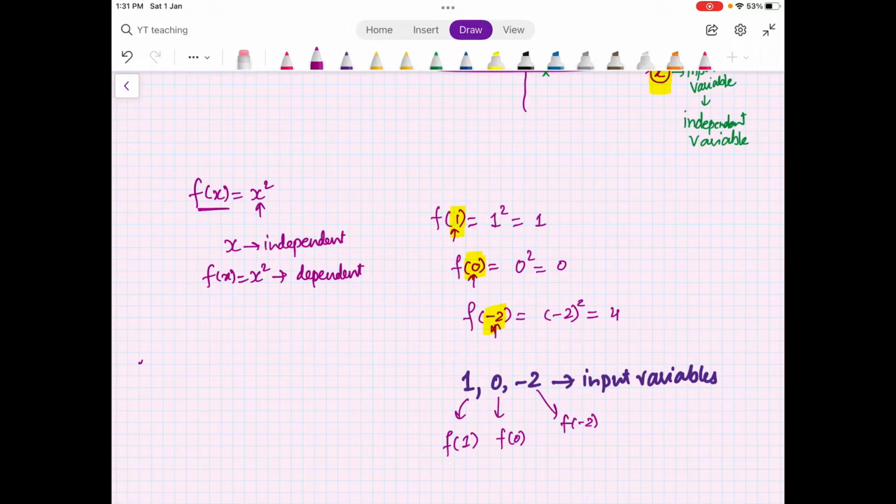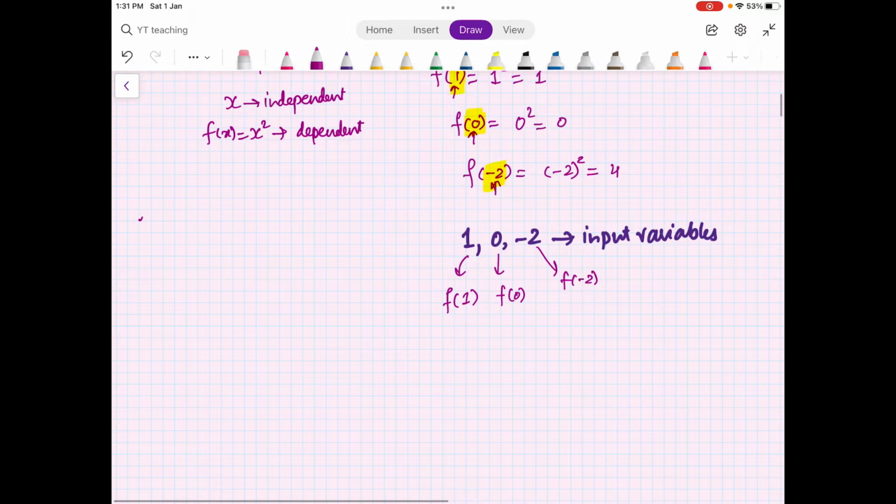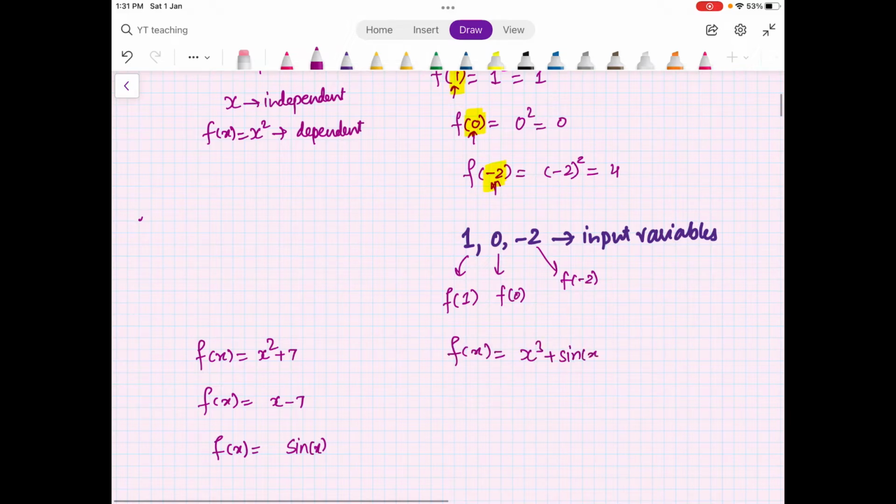So this is the notation we are using. For example, you can have f of x is equal to x square plus 7, f of x is equal to x minus 7, f of x is equal to sine of x. You can have anything, f of x is equal to x cube plus sine of x, and so on.